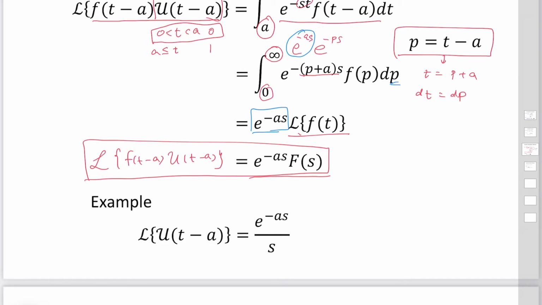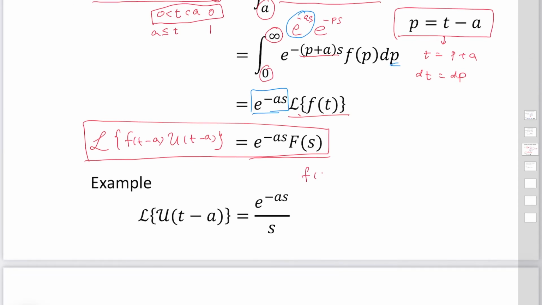For example, if you consider f(t minus a) equal to 1, then the Laplace transform becomes 1 over s. Then we could prove that the Laplace transform of the unit function becomes e^(-as) over s.